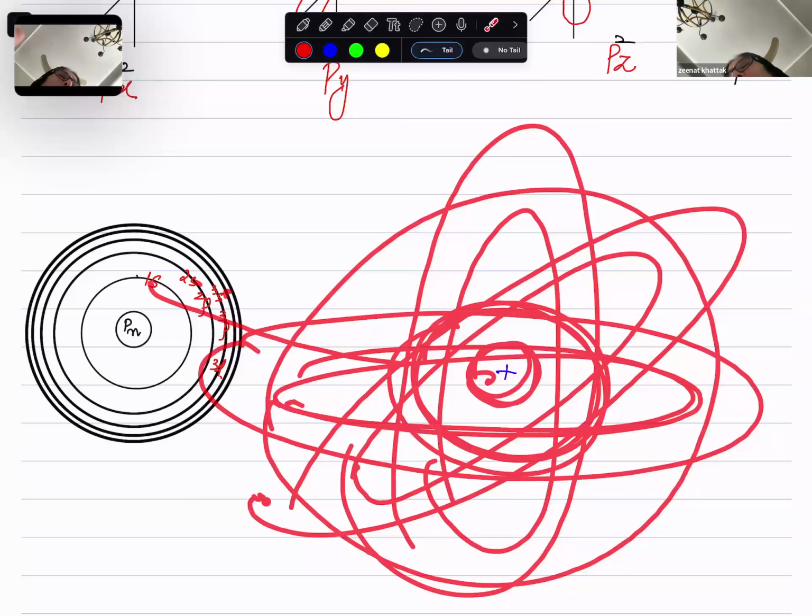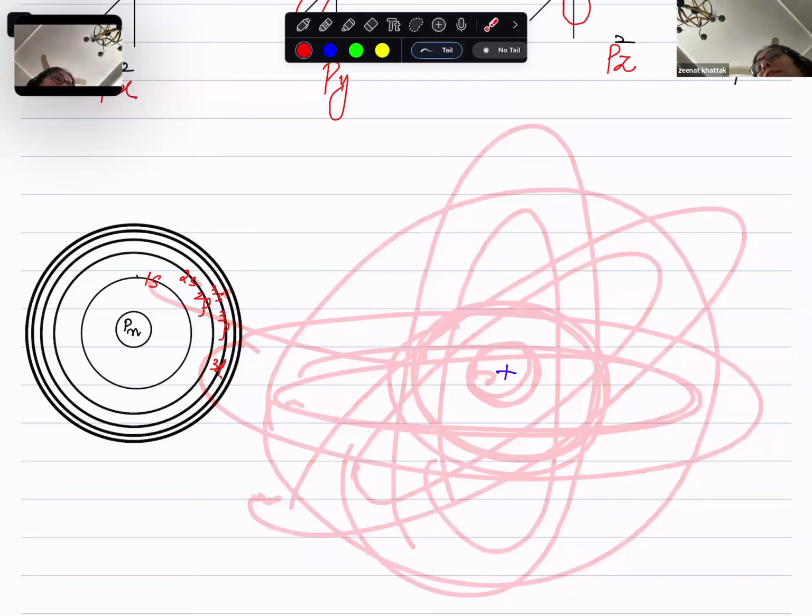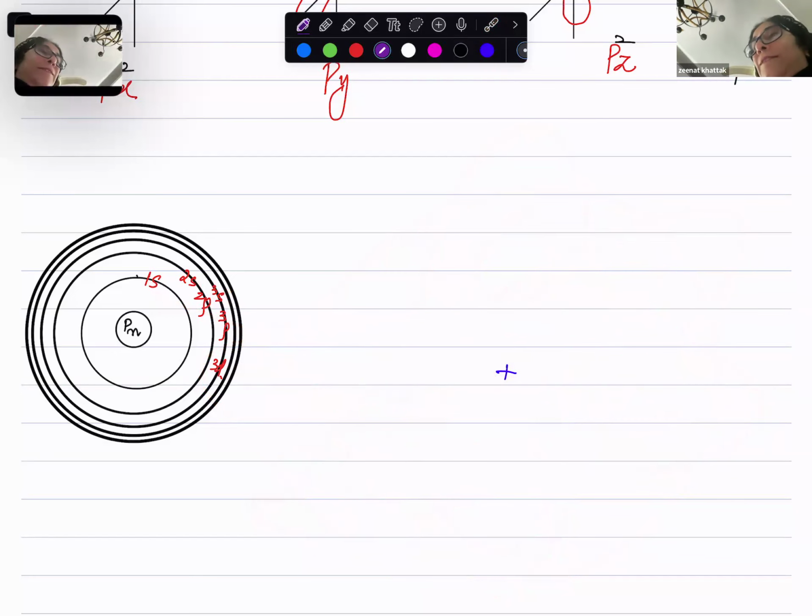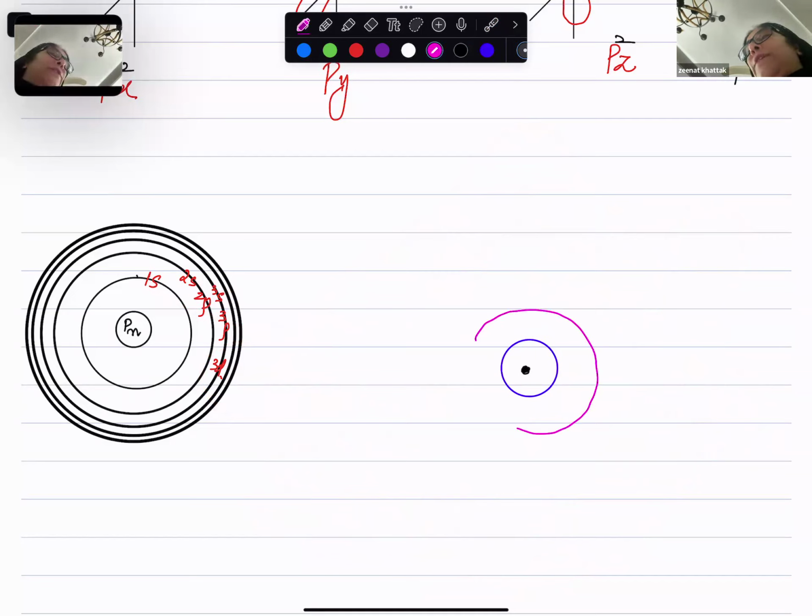Why are the electrons doing this? To minimize repulsion. They're trying to be far from each other, but close to the nucleus. Now, if I draw it properly, it is the nucleus. It is 1s. Now, this is 2s.